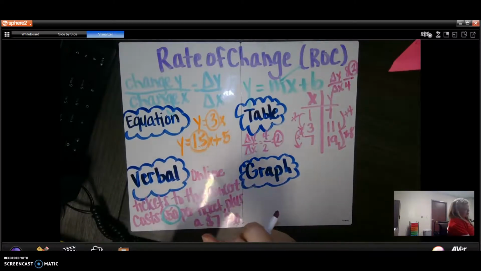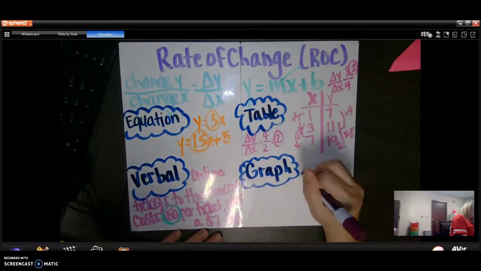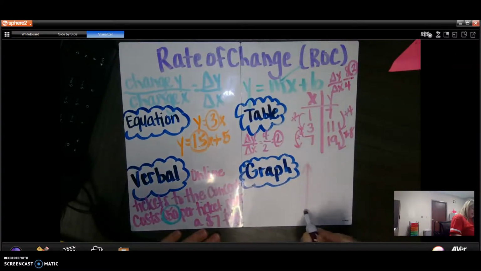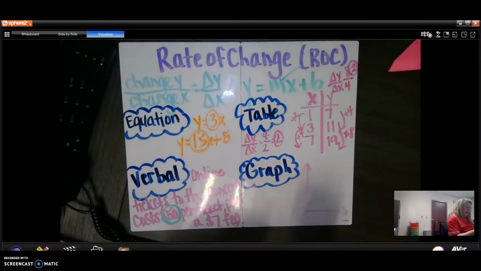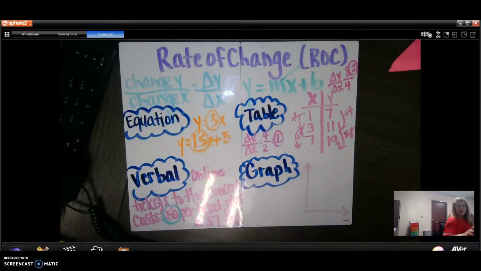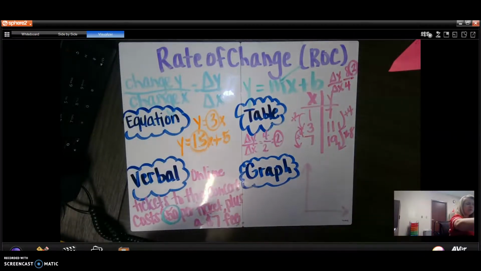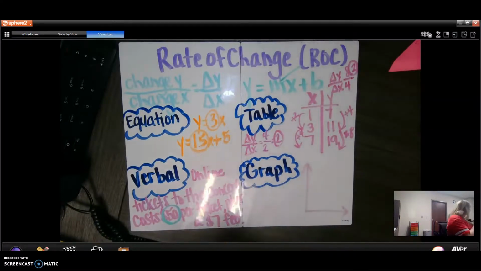All right, and as for a graph, so on a graph, we have an x and we have a y. This one might be a little bit more difficult to write out because everything might be smushy together, but we're going to do the best that we can, okay?